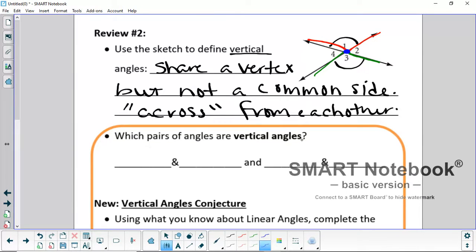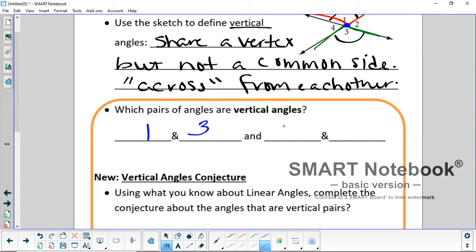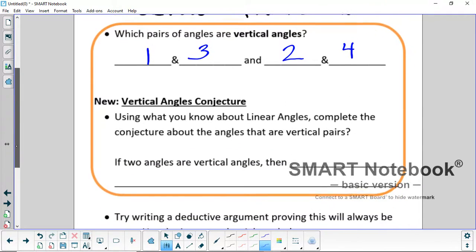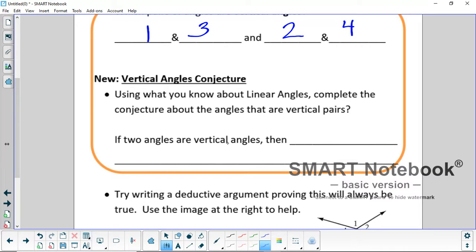So which pairs of angles are vertical angles? 1 and 3. What is the other pair of vertical angles from this picture? 2 and 4. Okay, now the new piece of information, the vertical angles conjecture, says that because those angles are vertical angles, they are identical in size, or equal in measure.